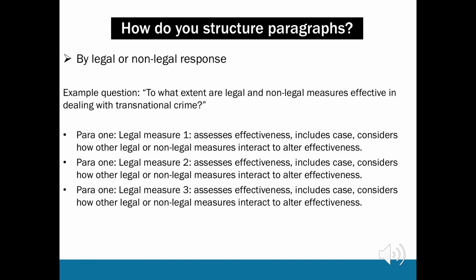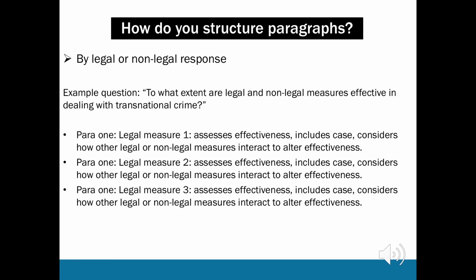So if the essay question here is to what extent are legal and non-legal measures effective in dealing with transnational crime, for example, I might be looking at a legal measure per paragraph. I might let a single legal measure direct the paragraph, and then I'll look at different non-legal measures or other legal measures that feed into that bigger one throughout the paragraph.